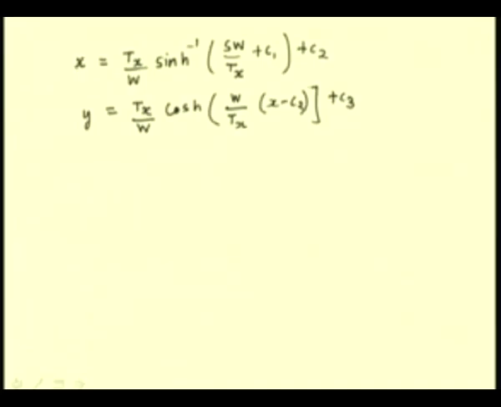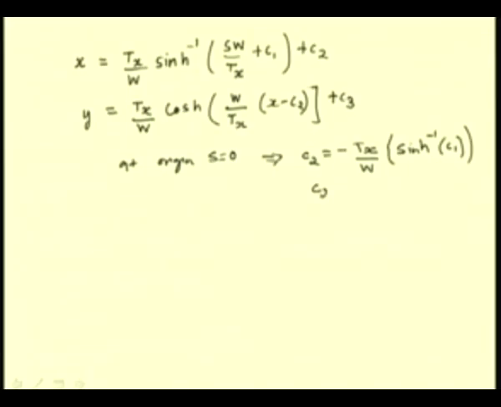From this equation, at origin s equal to 0, so we get C2 as minus Tx by W times sine hyperbolic C1. We know this C1 and we also know this horizontal component and the weight carried.